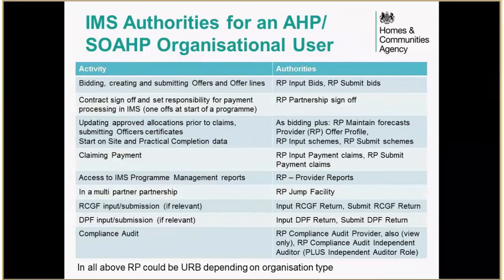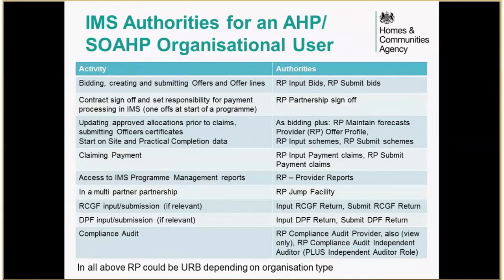But if you're going to access them via the schemes menu, you would need the jump facility. In terms of RCGF input and submission, if that's relevant to you, there are two authorities: input RCGF return and submit RCGF return, and the same for DPF, input DPF return and submit DPF return.